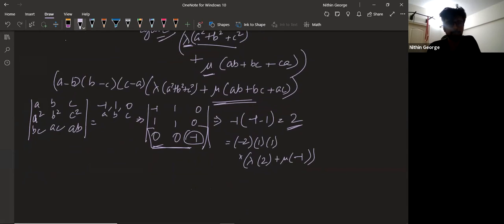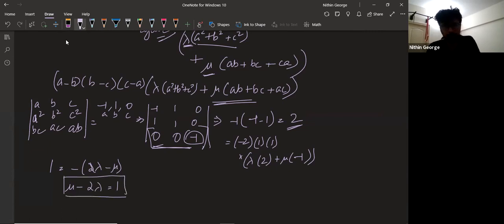So from here you can say that 1 is equal to minus 2 lambda minus mu, or mu minus 2 lambda equal to 1. This is one equation.